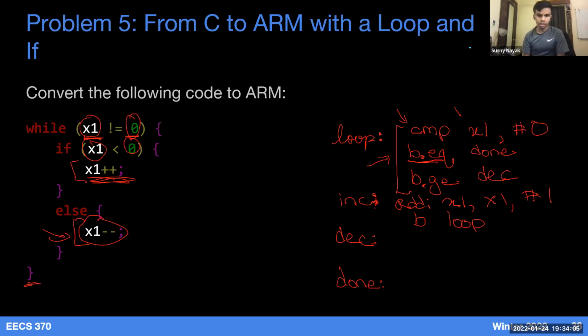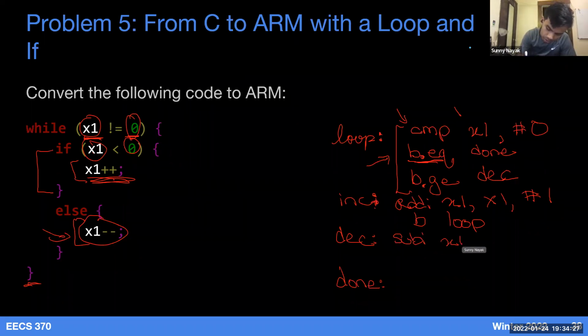So let's do the decrement part now. So we've successfully done this part of the code. Let's do the decrement as well. So if we jump to the decrement, then we're going to want to subtract 1 from register 1. So we have an instruction called sub immediate. And the parameters are going to be the exact same as the add instruction.